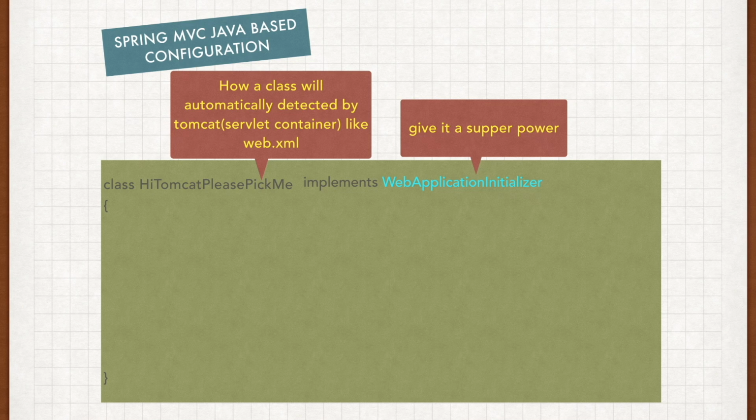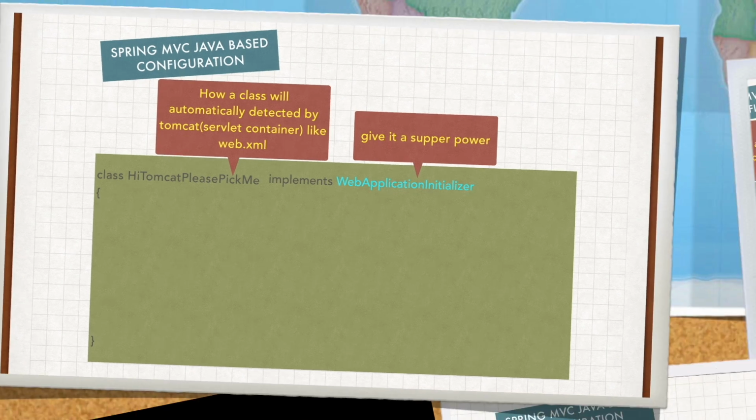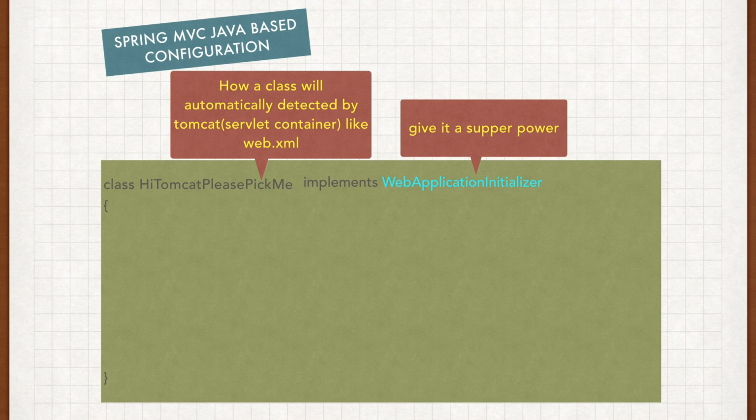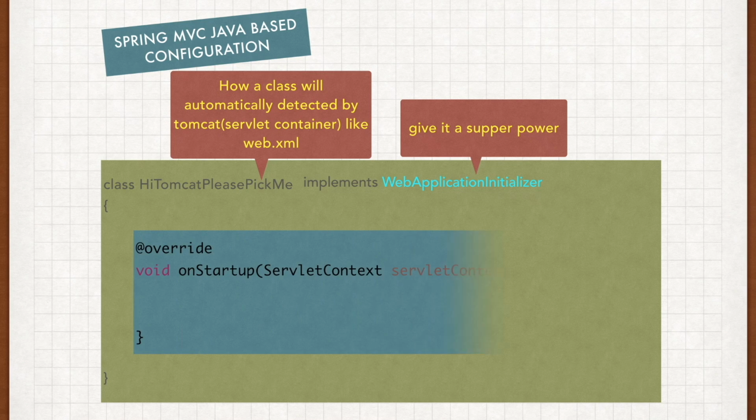So you do not need to remember the interface name, just understand it, right? Just listen to me. That's what I want. Okay, so right now you might be thinking, is this WebApplicationInitializer a marker interface? Not at all. It has only one method and the method name is onStartup. The name says everything, right?